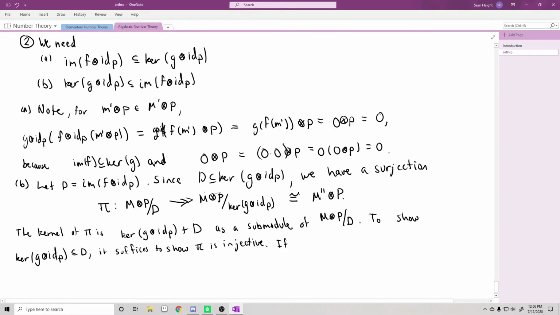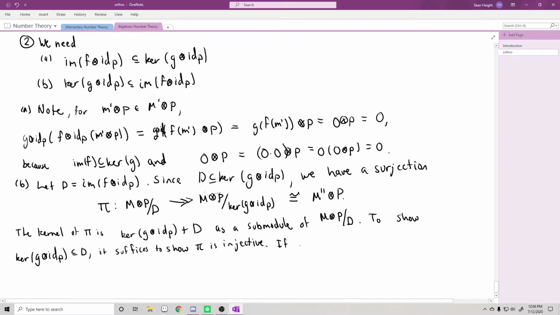If this guy weren't contained in D, then this submodule of the quotient would have a non-zero element, which would have to be in the kernel of pi, which would mean that pi is not injective.